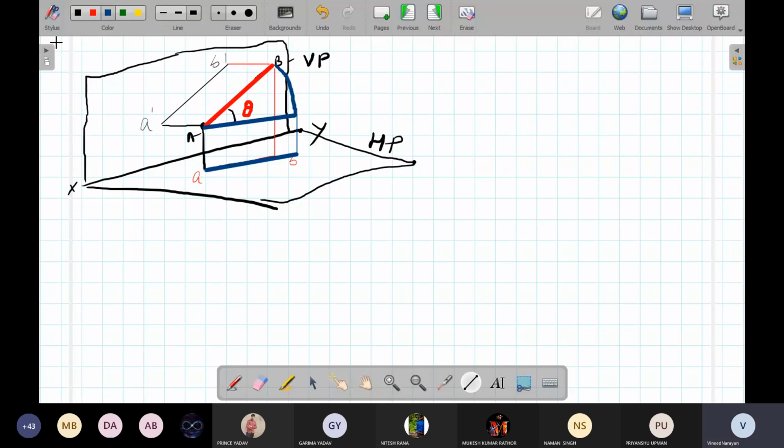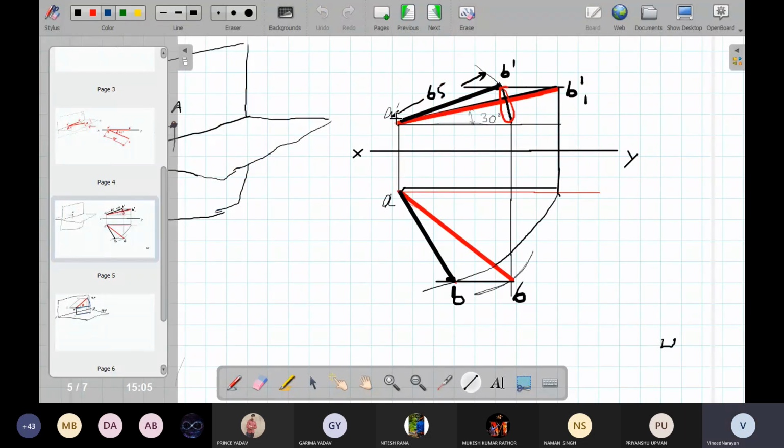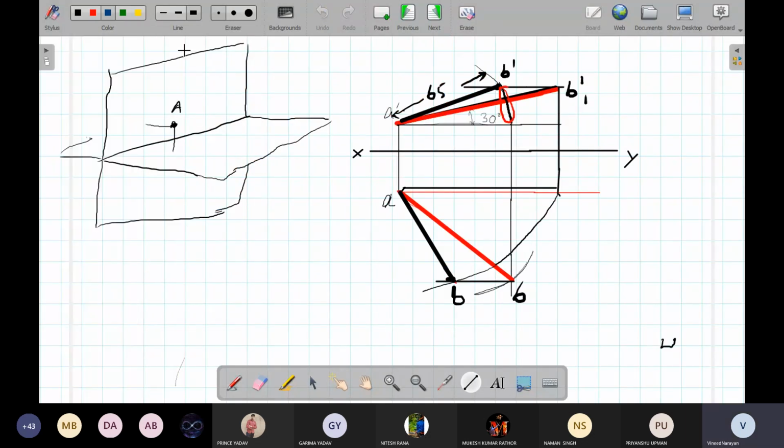Here, let's check. This line was inclined to both the planes. So it may be something like this. It's inclined to the horizontal as well as the vertical.